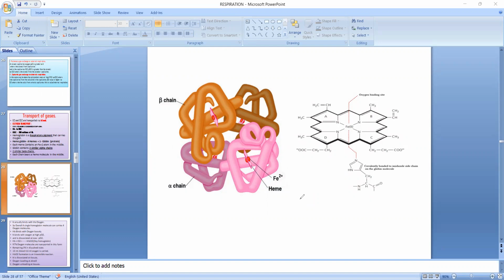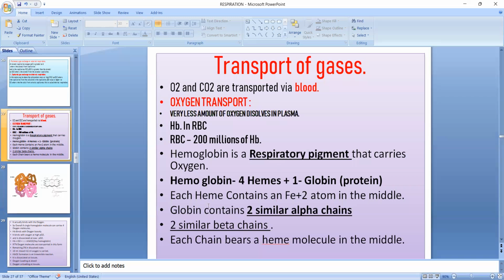So overall, whether or not you remember all this, you should remember one thing: a single hemoglobin molecule can carry four oxygen molecules. Hb plus 4O2, Hb4O2 maximum. That is 100% filled hemoglobin, right? So once again, hemoglobin contains one globin and four hemes.